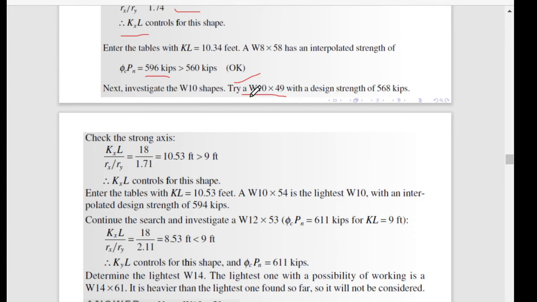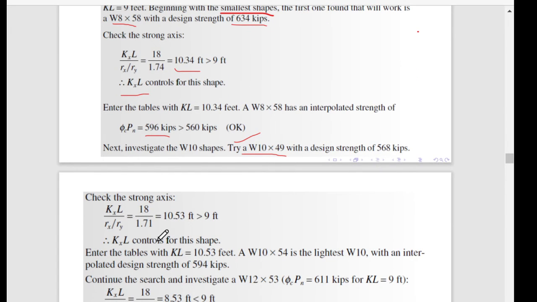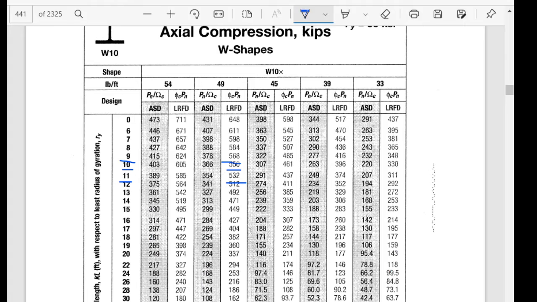Next, investigate the W10 shape, then again enter the tables with KL 10.53. So, let's see, I think it goes straight here. 560.